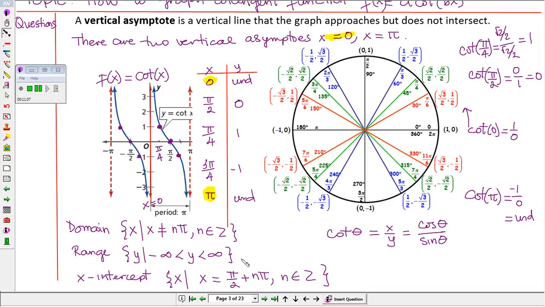Now, if it looks very complicated for you, and if you just say the x-intercepts are negative pi over 2 and pi over 2 for the domain from negative pi to pi, that should be okay. The y-intercept, we don't have it.